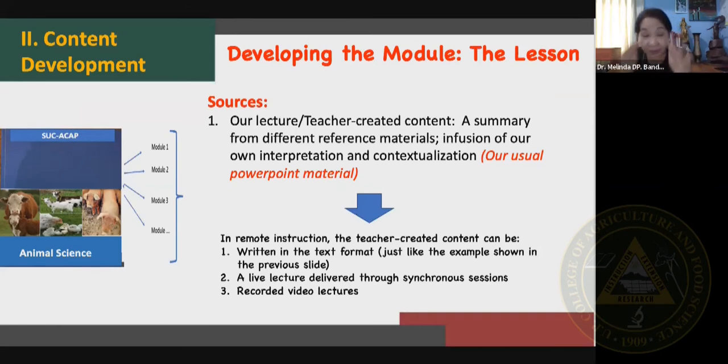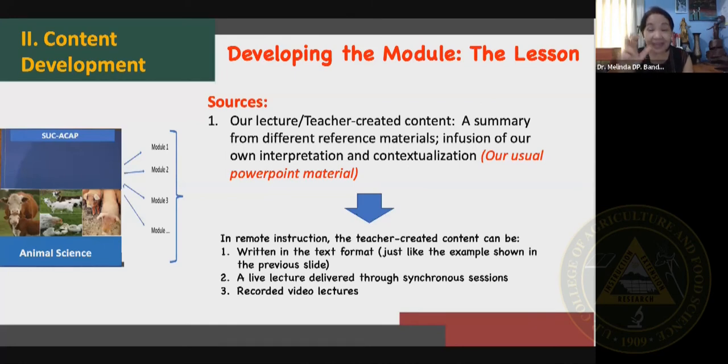Kasi dito, mata lang natin yung gumagana. Pero kapag ka meron tayong naririnig, nakikita, because there's the PowerPoint material as well, mas madali nilang natututunan yung concept. Added to that, nakikita pa nila tayo, nakikita nila yung pag-explain natin, expression natin, pagtaas, pagbaba ng boses natin, di ba? And that will also put emphasis to the concept that we want our reviewees to learn.